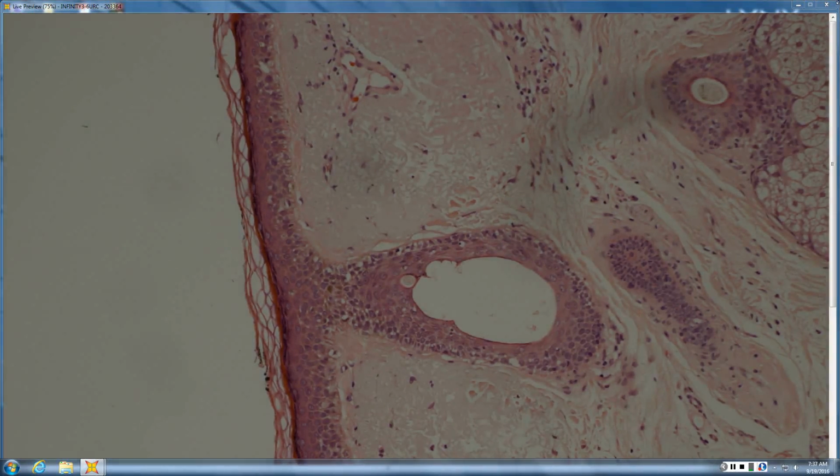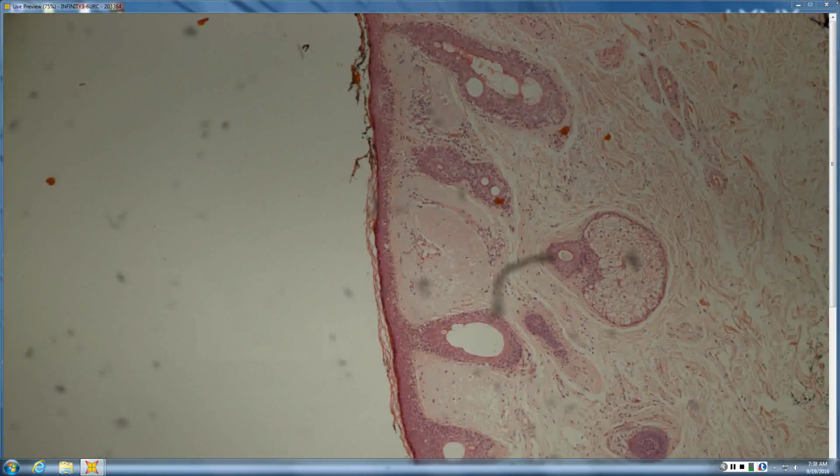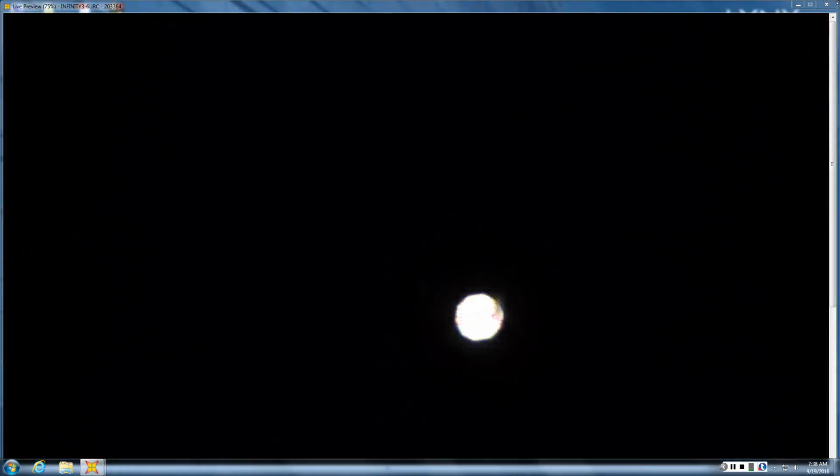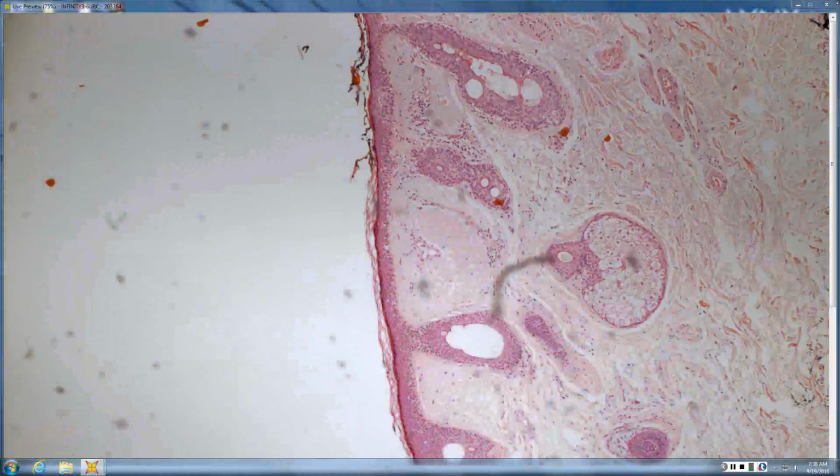There's nothing there to stain anymore. So if the clinician's suspicion was lentigo maligna, and you're looking at a broad piece of sun-damaged skin, and you have a lichenoid infiltrate, you are quite likely dealing with lichenoid regression of melanoma.